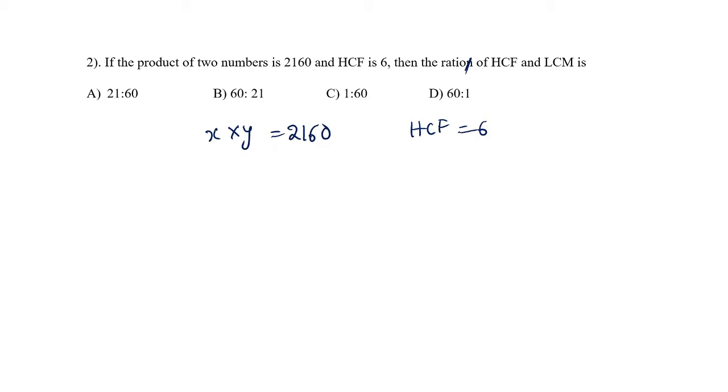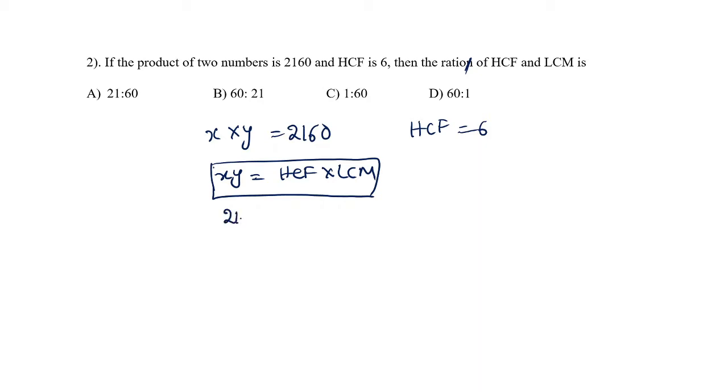So first of all, we have to find out the value of LCM. The product of two numbers is equal to the product of HCF and LCM. Remember this rule: product of two numbers is equal to HCF into LCM.